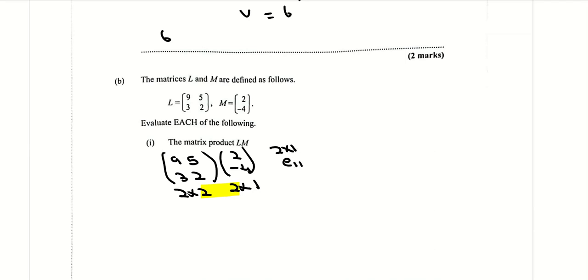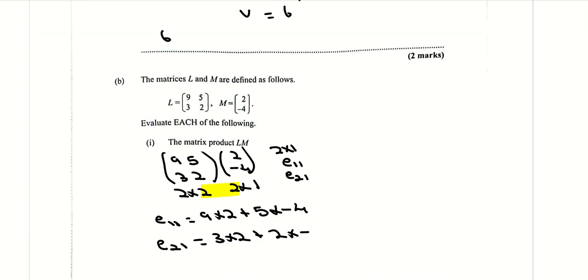So it will be E11 by E21, right? It's going to be row by column, so we know that E11 equals row 1 by column, so that's 9 multiplied by 2 plus 5 multiplied by minus 4, and E21 would be 3 multiplied by 2 plus 2 multiplied by minus 4.